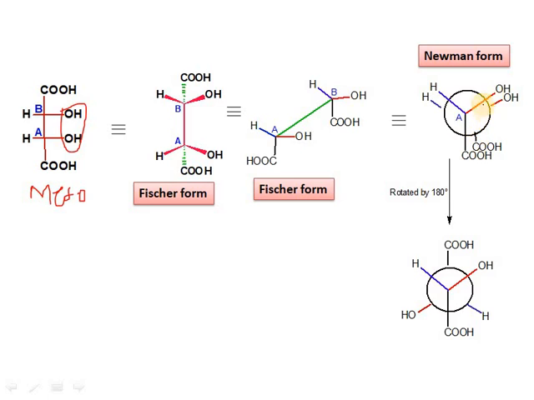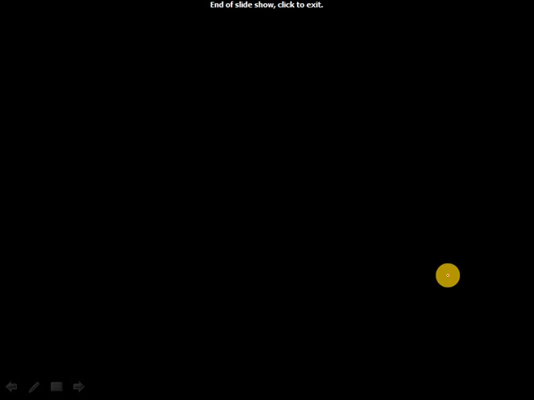In this, the rear carbon we can rotate anticlockwise or clockwise, and show the other projections. The COOH is opposite to this group, and this is OH, this is H. This is the eclipsed form, and this is a staggered form. The staggered conformation is more stable. Thank you.